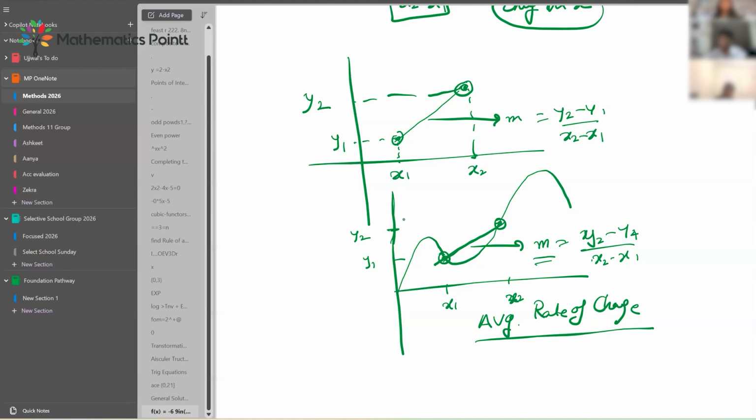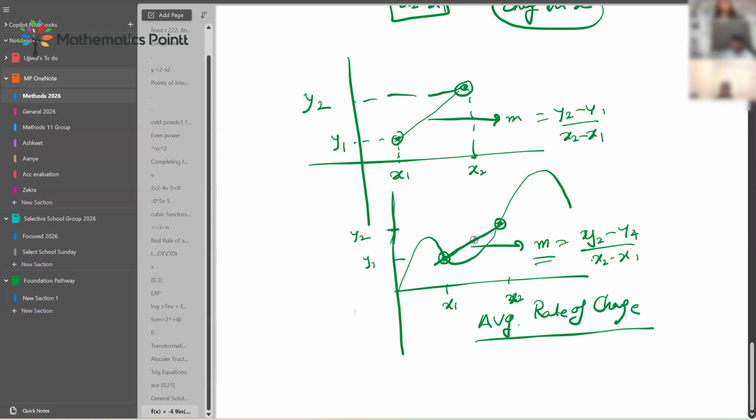So now if you're given a curve and you're asked to find the rate of change between any 2 points, it is very simple. Draw the 2 points on the curve, join them with a straight line, and find the slope of that straight line. That is the average rate of change between the 2 points. I don't care about the curve. Just join the 2 points with a straight line.